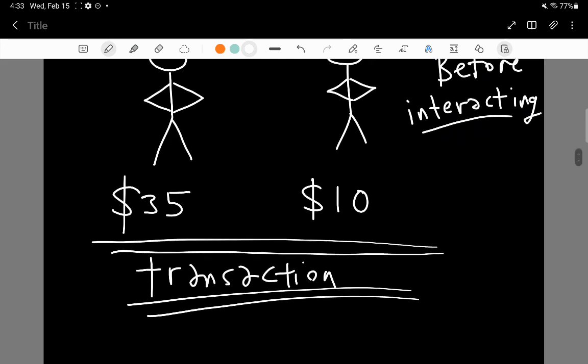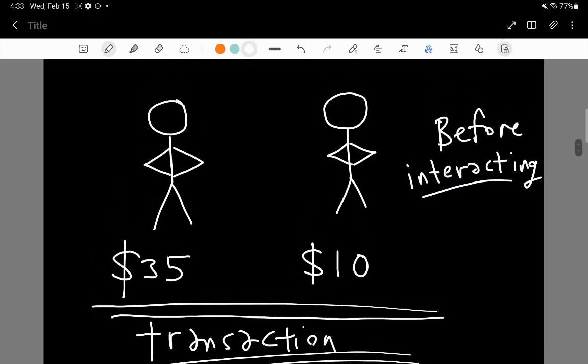And here is what the transaction is. Let me draw in blue the fact that the person with $35 is going to give $5 to the person who has $10.